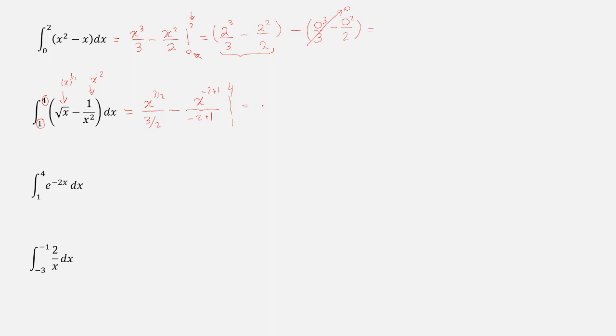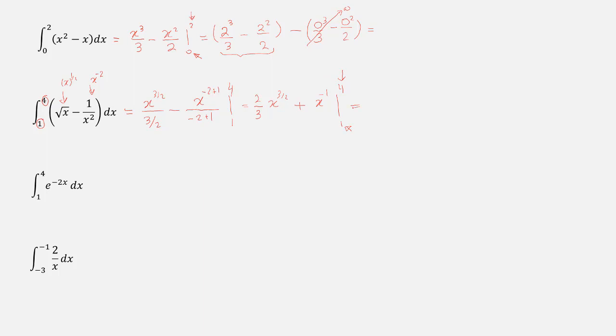Okay, let's make it easier to substitute, writing 2 over 3 x raised to 3 over 2 plus x raised to minus 1, from 1 to 4. First we substitute with 4 and then we substitute with 1.